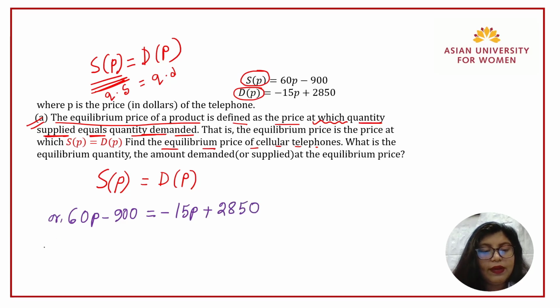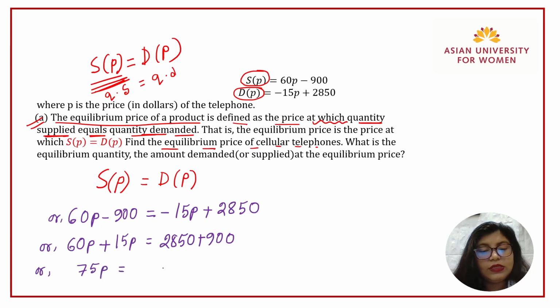Now, we will write 60p plus 15p equals 2850 plus 900. So here it becomes 75p equals 3750. So 75p is equal to 3750.